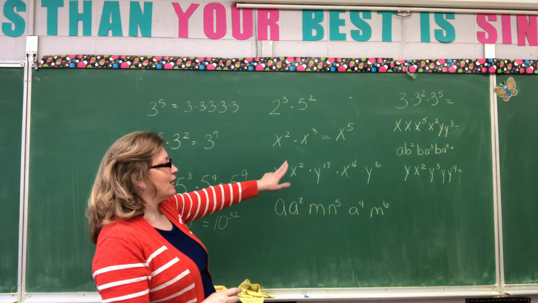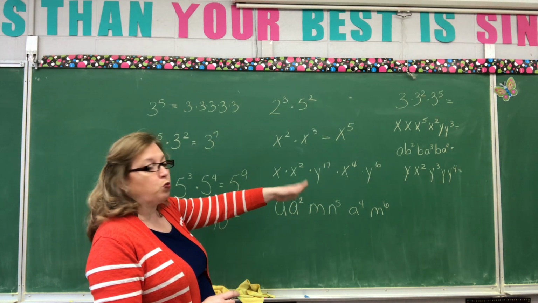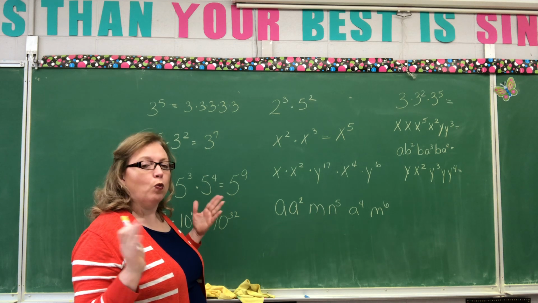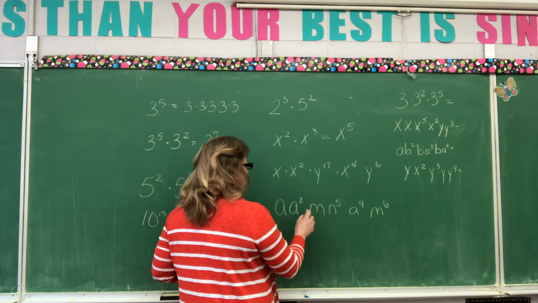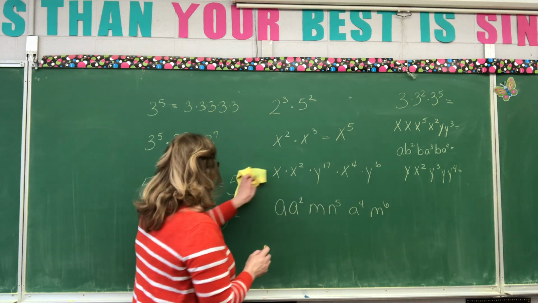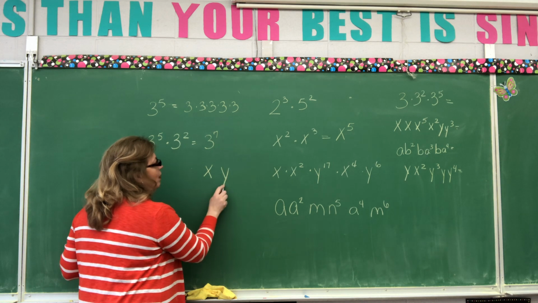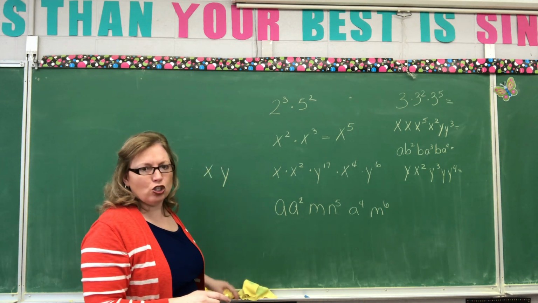Look at this next one. We have X times X squared times Y to the 17th times X to the 4th times Y to the 6th. That sounds so complicated. It's not. What are our bases? X and Y. So that's what we're dealing with. I don't want to write it into this problem, so I'm going to write it out here to the side. We have X and we have Y. The question is, how many X's do we have?